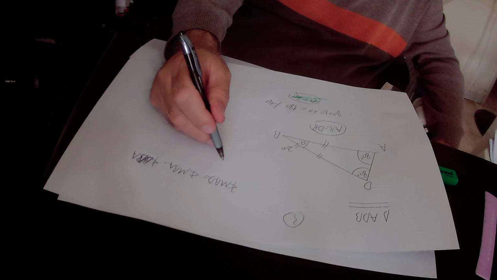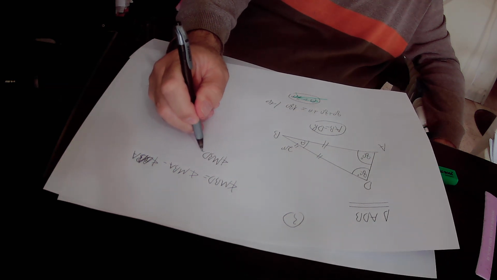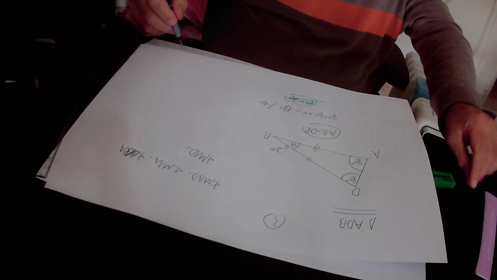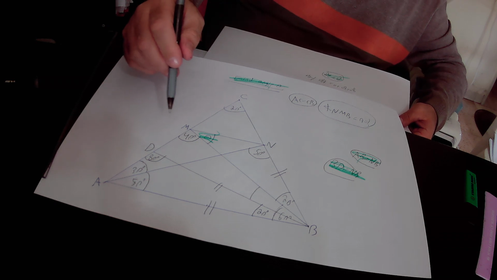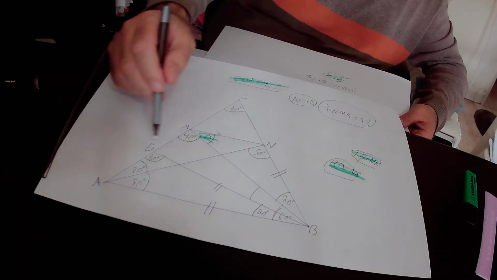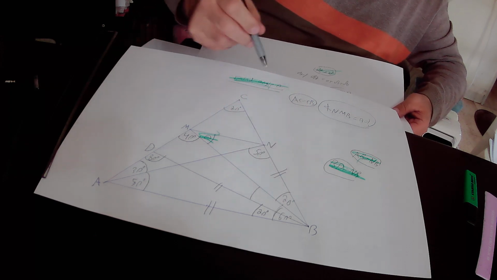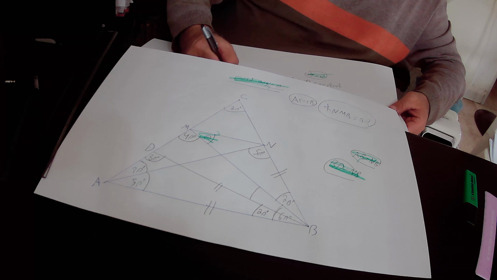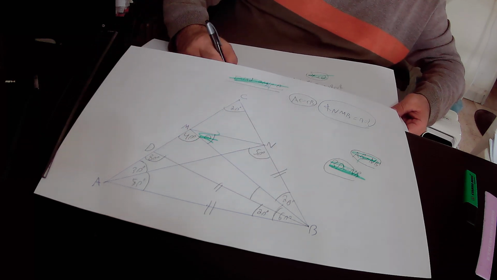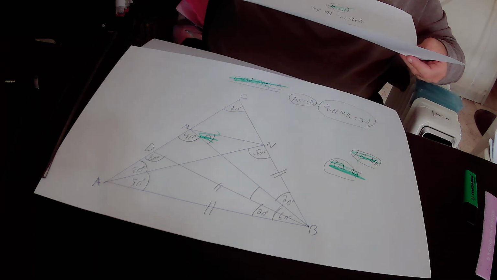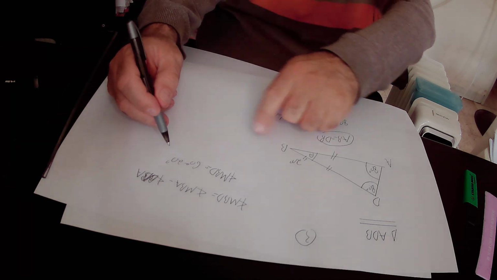So the missing angle MBD must be equal to the big angle MBA, which is equal to 60 degrees, minus the small angle DBA, which is equal to 20 degrees.